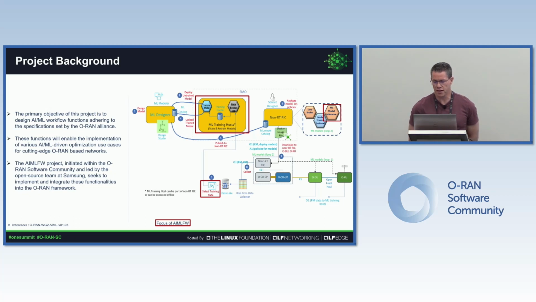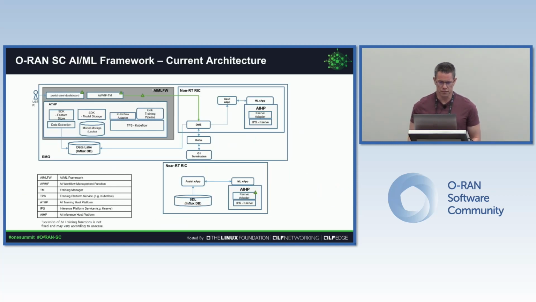As you can see in this diagram, they're touching several existing components, and they're putting things in place to train and store ML models. Talking about the current architecture that they are proposing, most of it touches SMO.